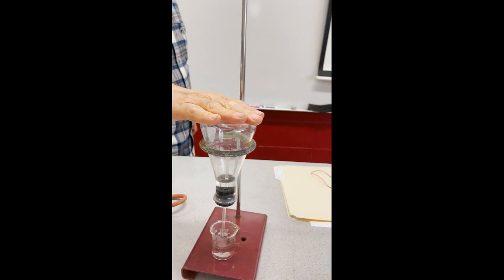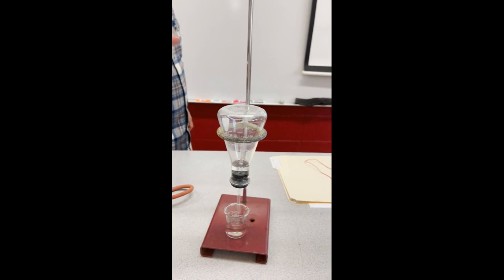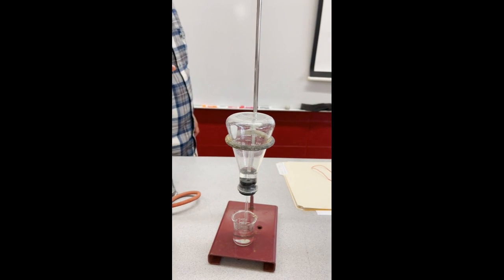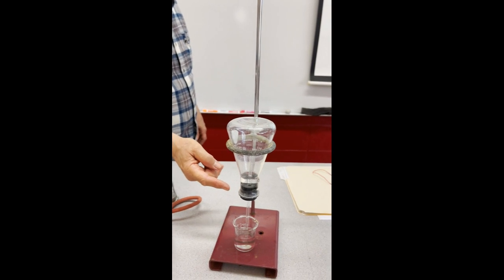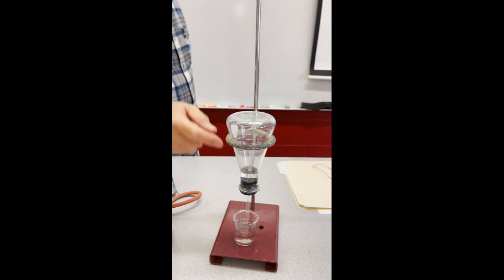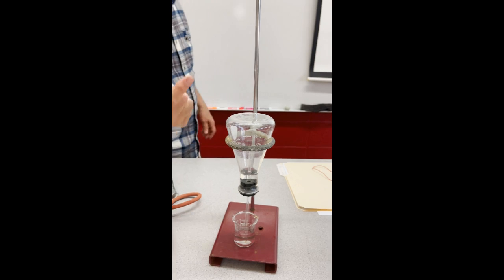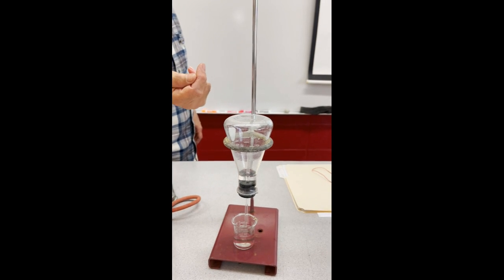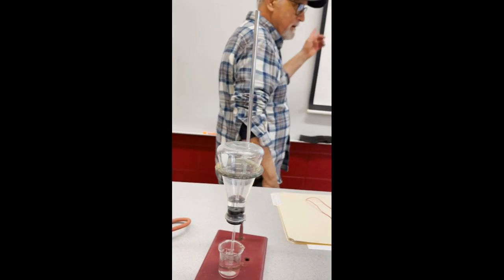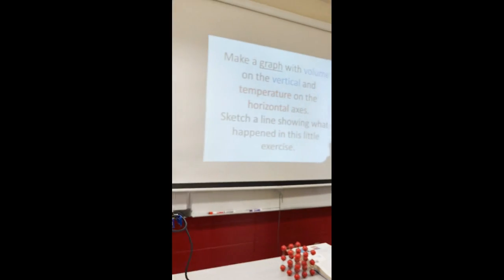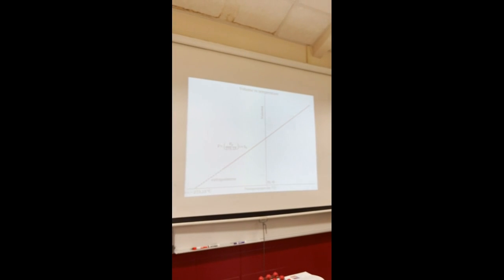But when we put the ice on here, the particles cool down, they slow down, they take up much less space, they have less volume, and so that less volume creates lower pressure, which pulls the water in.